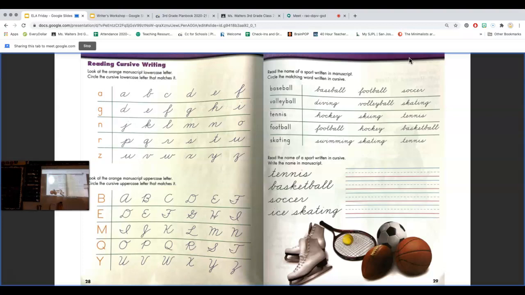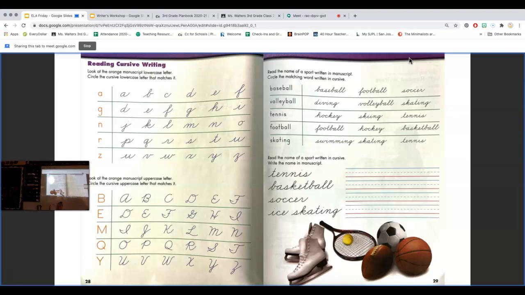Tennis. So we have hockey, skiing, and tennis. Go ahead and circle the word tennis. Football. We have football, hockey, and basketball. Go ahead and circle the word football. Skating. We have swimming, skating, and tennis. So skating.